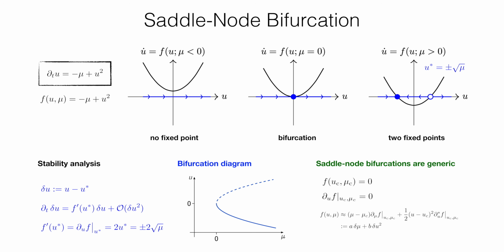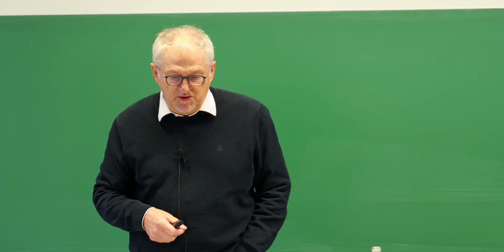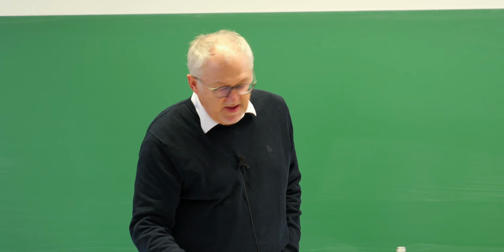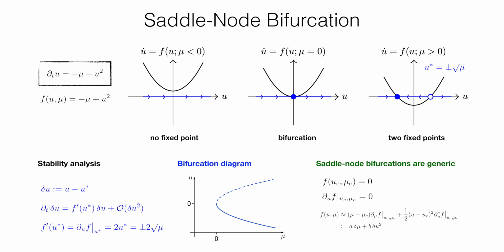And I told you this is a pretty generic situation for a one-component system, because you always locally can look at a function like a Taylor expansion that's made explicit here, and this then happens typically when you change parameters in a one-component system. So remember, these are saddle node bifurcations.